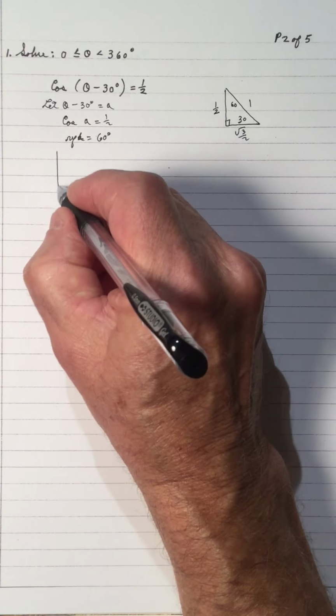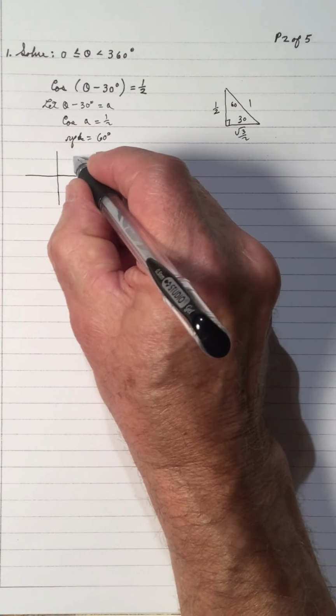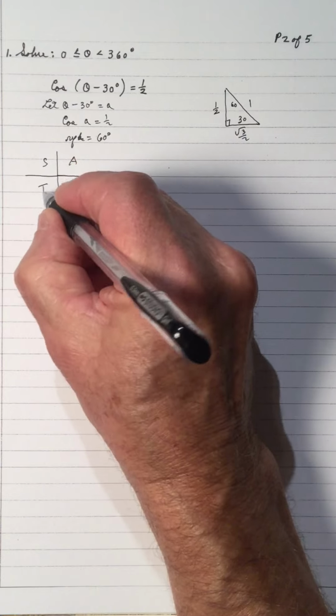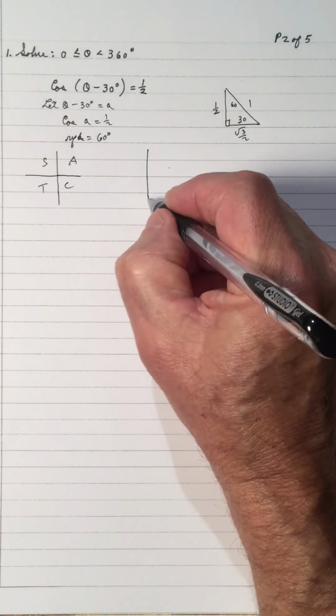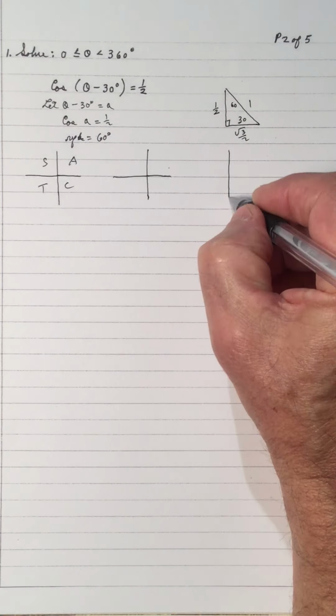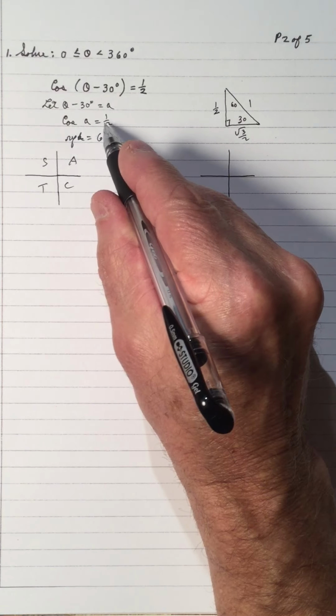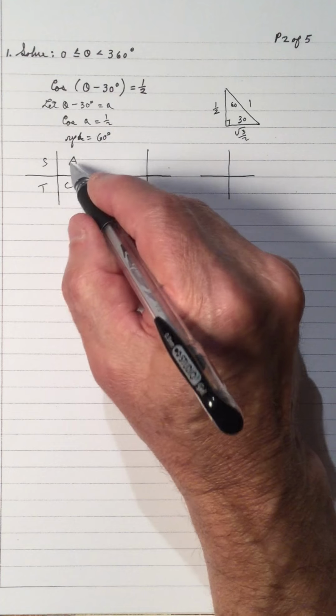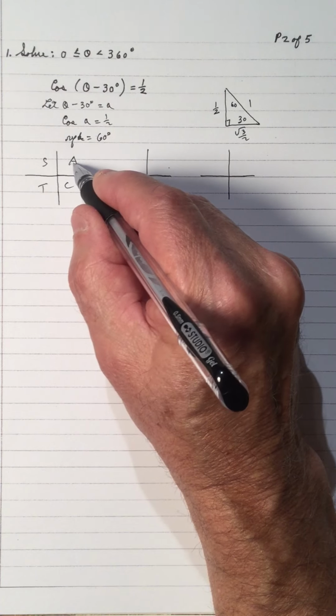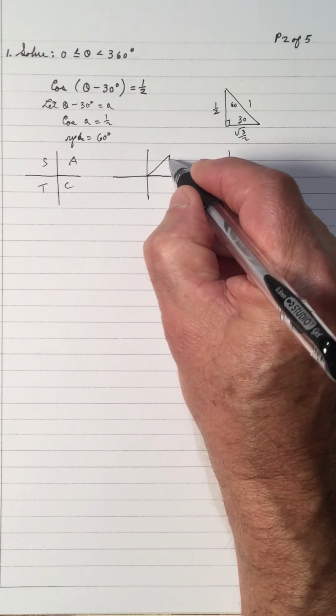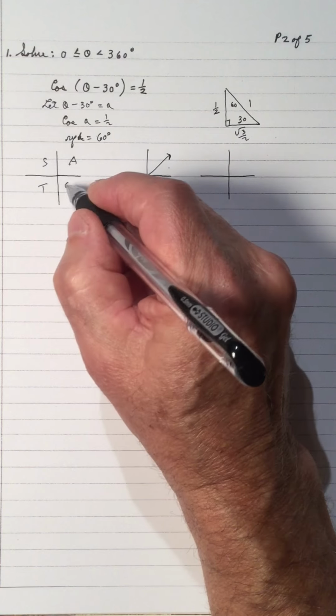Now, look at the quadrants. Cos is the x, so cos is positive in quadrant 1, where all are positive, and in quadrant 4, where it's sine, tan, cos.